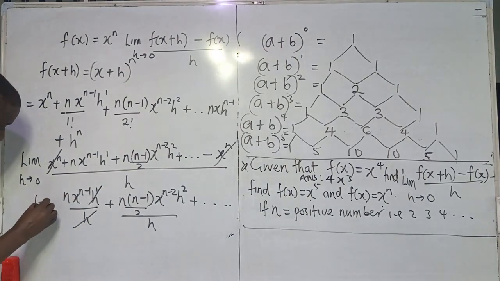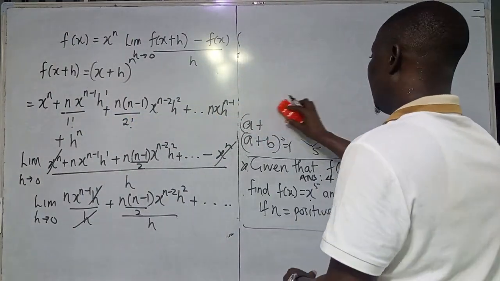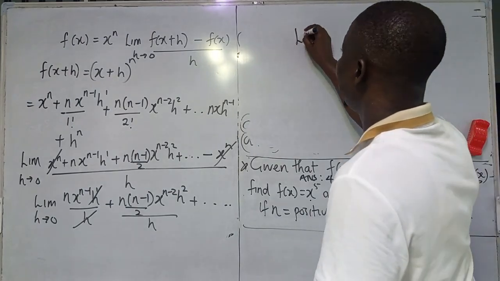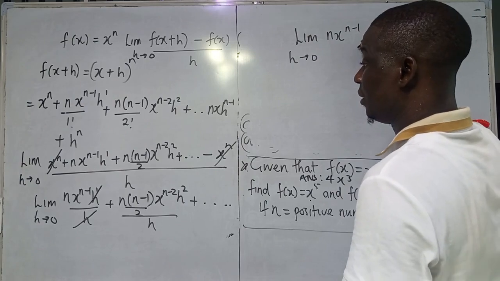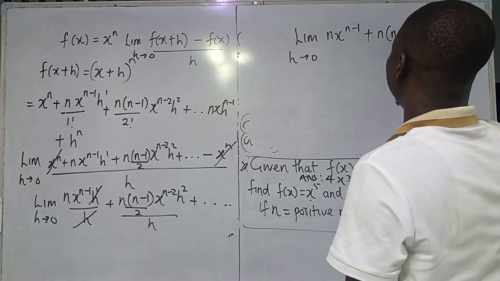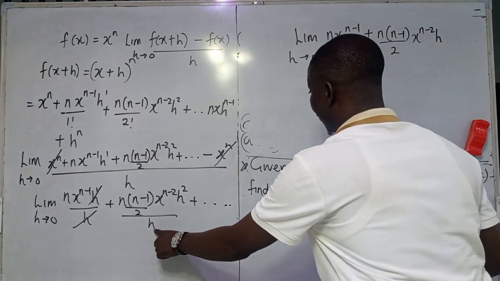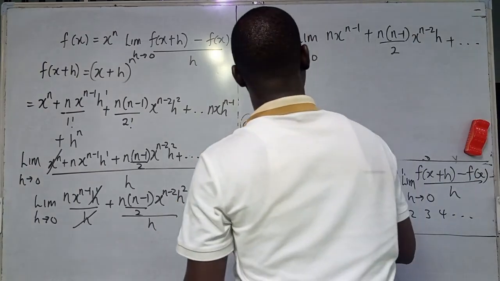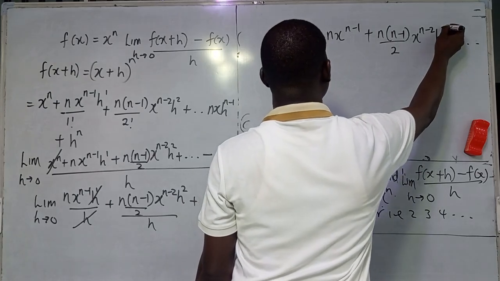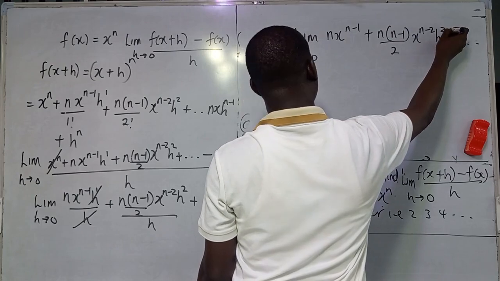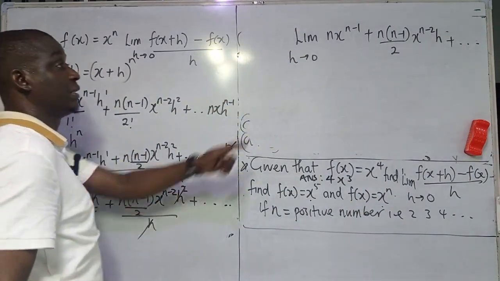So what we are left with is the limit as h tends to 0 of n x to the power n minus 1, plus n into bracket n minus 1 all over 2, x to the power n minus 2 h, because this h will cancel one h, meaning 1, plus that.